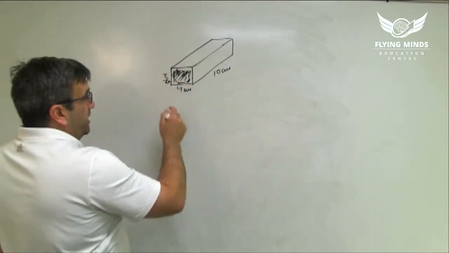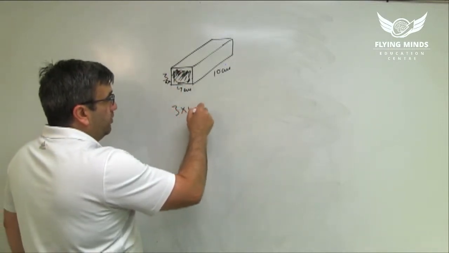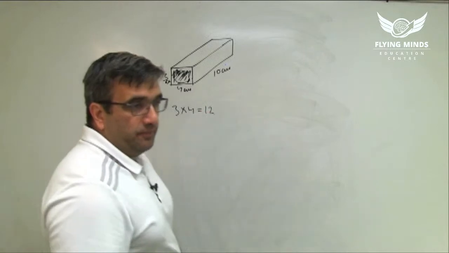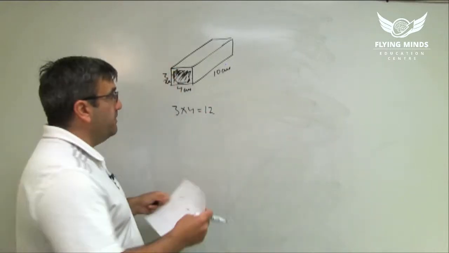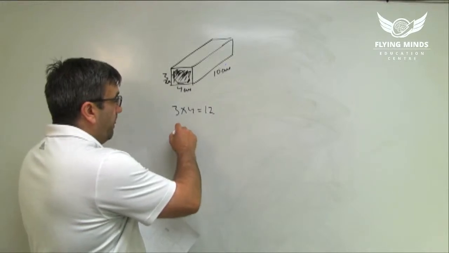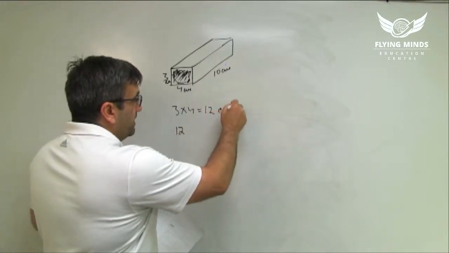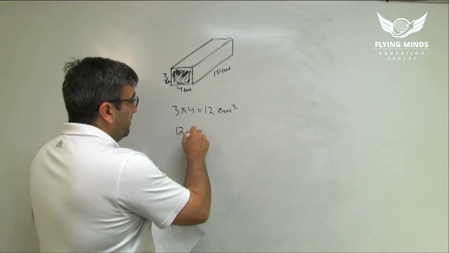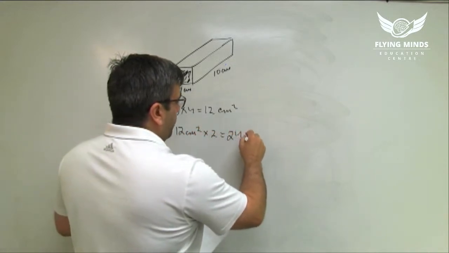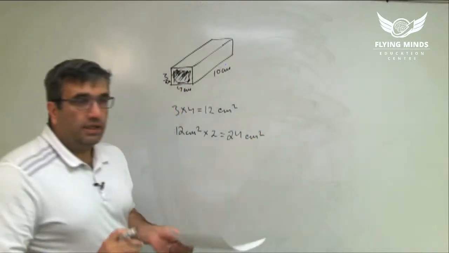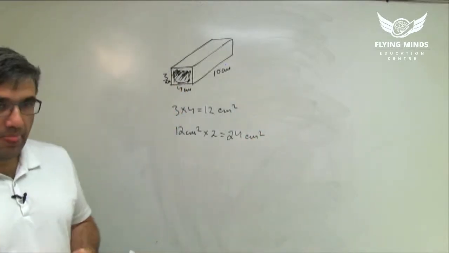So area of this surface is 3 by 4, which is 12, on each of both prisms. So we have two of them, so we'll multiply it by 2, centimeters squared times 2, so it will be 24 centimeters squared.